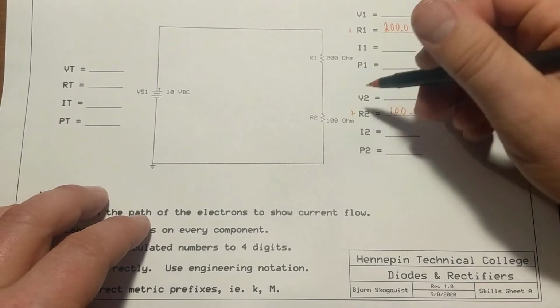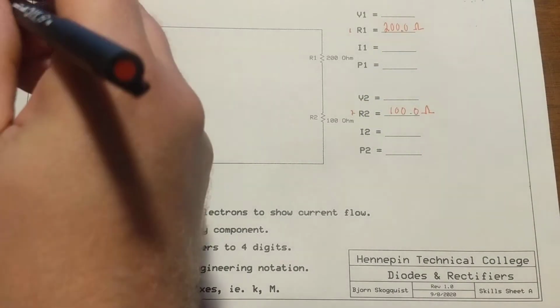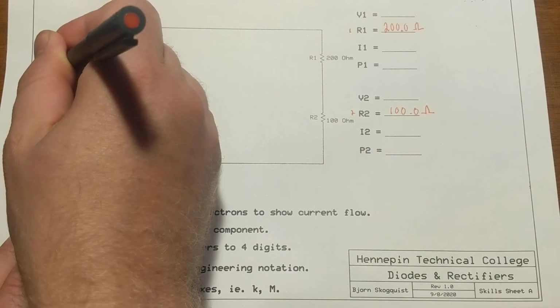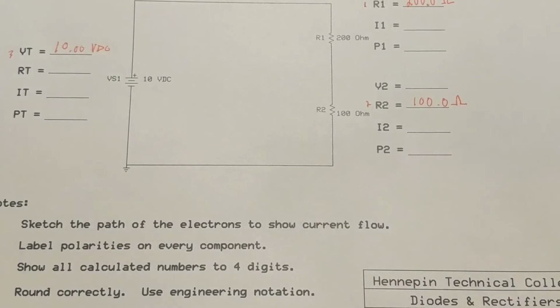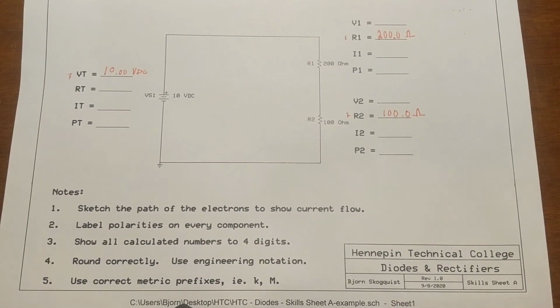That's step 2. If I go over here, I know my voltage. Step 3 is 10 volts DC. Alright. So that is what we know so far.